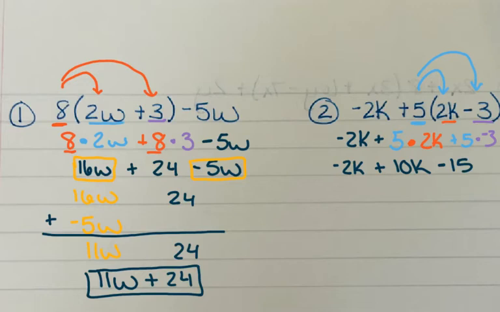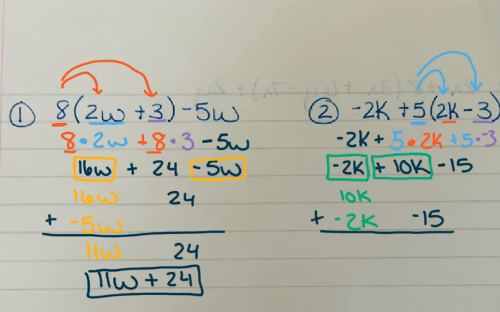I see like terms negative 2k and 10k. So I'm going to line those up, and then we add. So I get 8k and a minus 15. Altogether that becomes 8k minus 15.